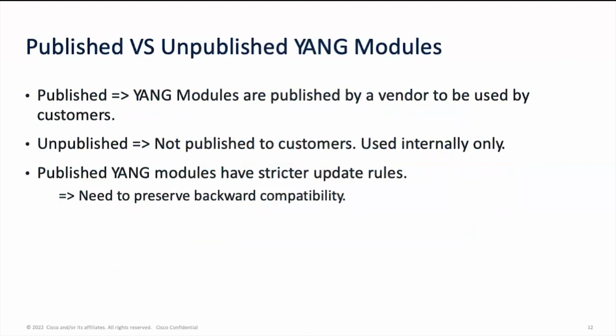In some implementations, device side or network element side, you may find several YANG modules that are used internally only, or are used by specific interfaces such as CLI, such as SNMP, and are never meant to be used with a programmable interface, such as NETCONF, RESTCONF, gNMI. So published YANG models obviously have stricter update rules so that you can preserve backward compatibility.